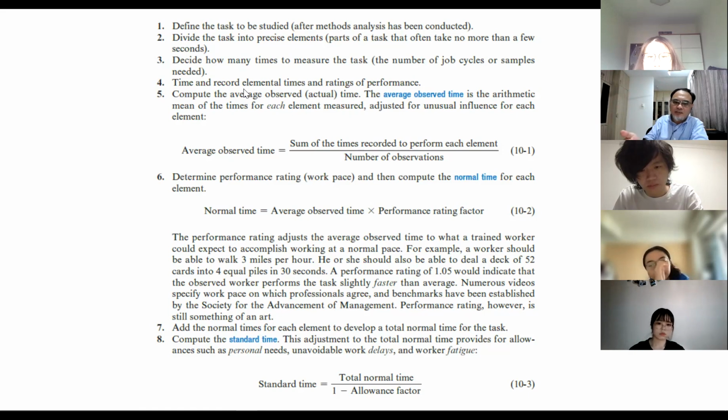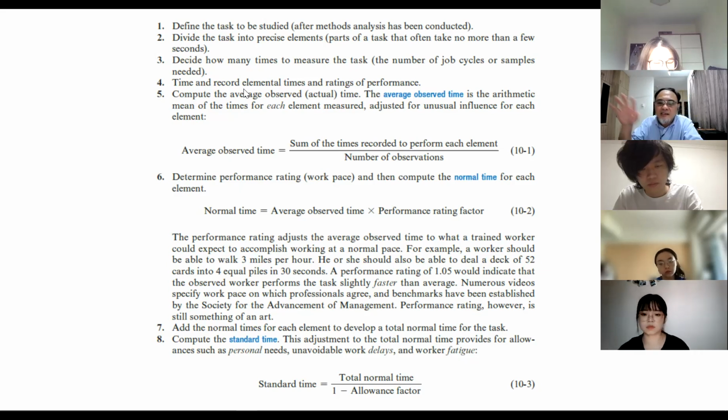That means if I analyze the work, I say this worker is working at 100% speed, or 120% speed. There are ways of determining that. For number 4, you need a table to record that. And then number 5 is compute the average observed time. The first thing that you calculate is the average observed time, which is the mean of the time for each element measured.